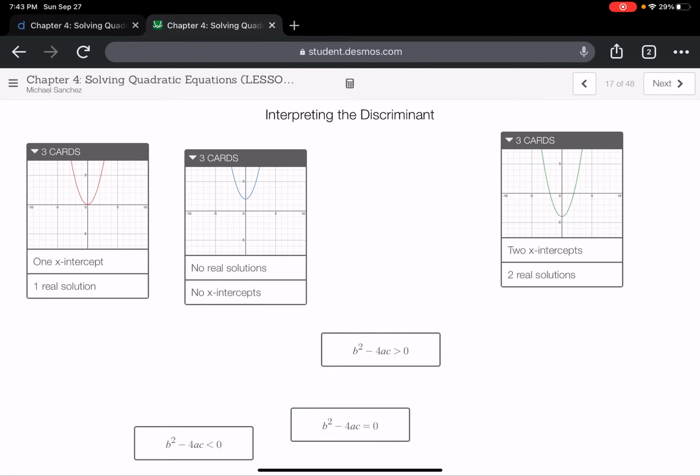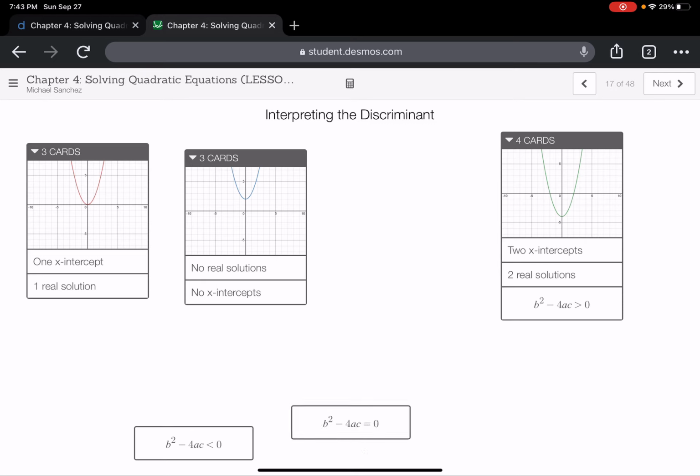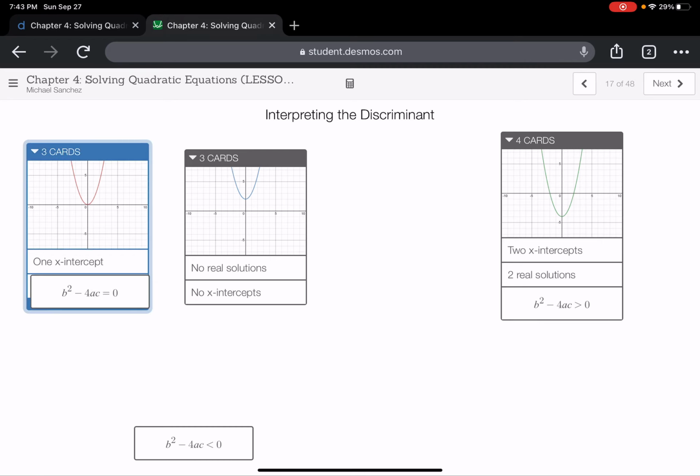So going back here, if our discriminant b squared minus 4ac is greater than 0, meaning it's a positive number, then it's going to have two real solutions. If it's exactly equal to 0, it has one real solution.